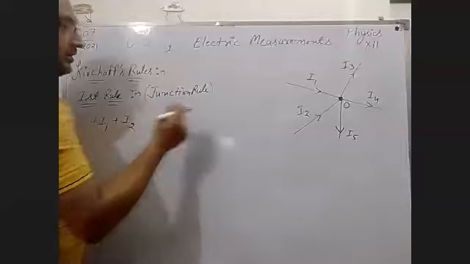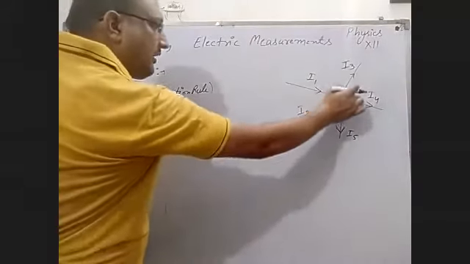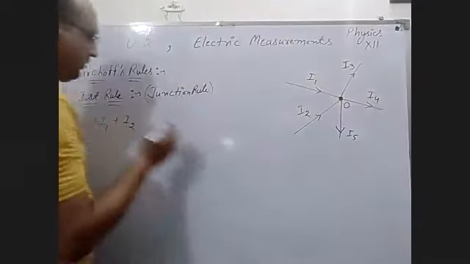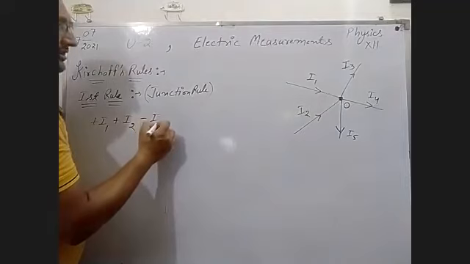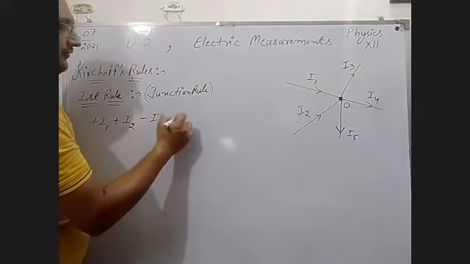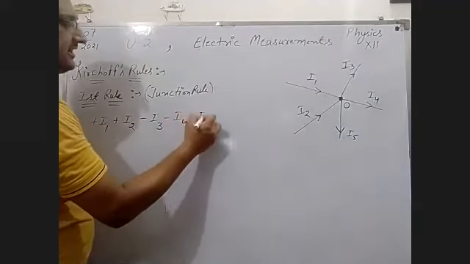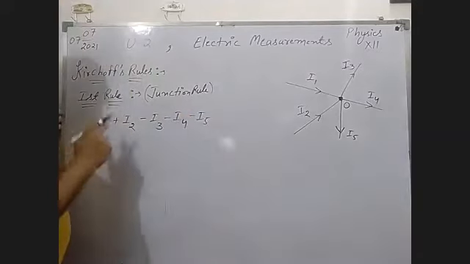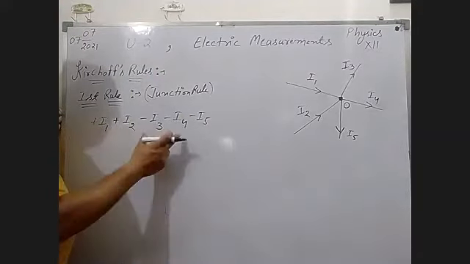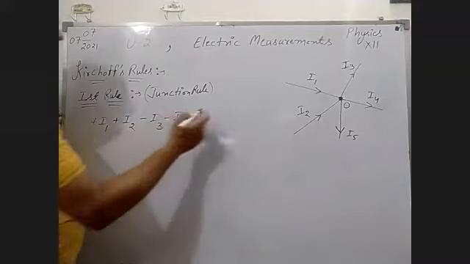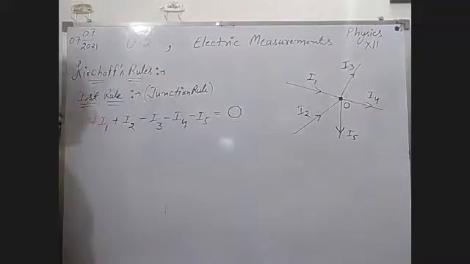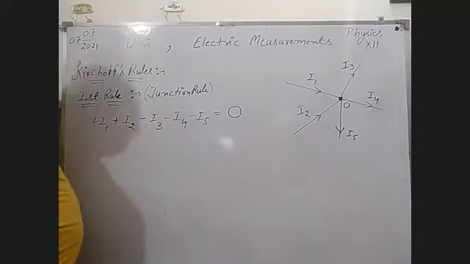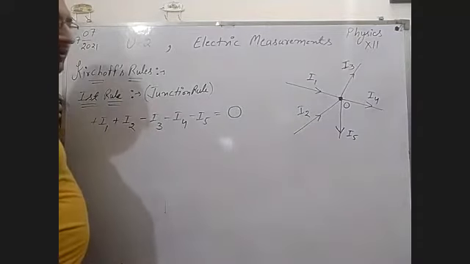And the currents which move away from this point O, you have to take all these values with negative sign. And by this, you can get the value 0. This is your first rule or junction rule given by Kirchhoff.